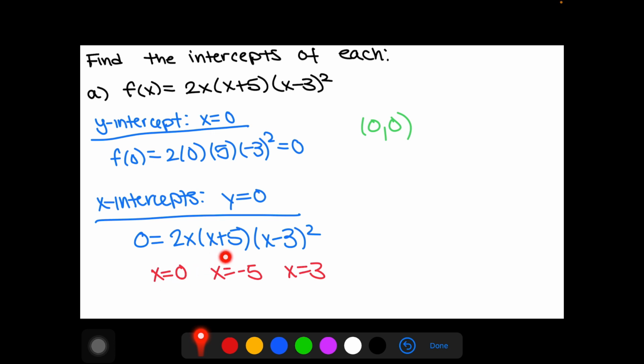If x plus 5 equals 0, x equals negative 5. If x minus 3 equals 0, x equals 3. So I have x-intercepts at 0, negative 5, and 3. Or as ordered pairs, intercepts at the points 0, 0, negative 5, 0, and 3, 0.